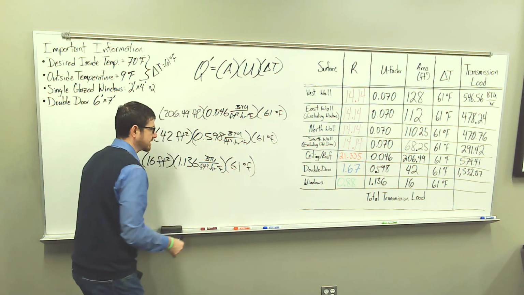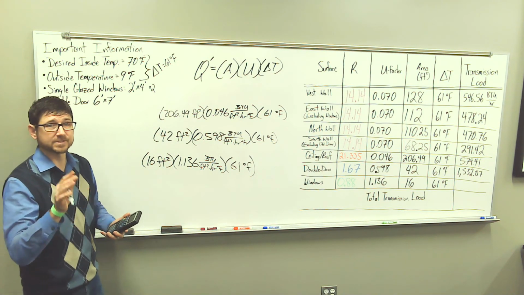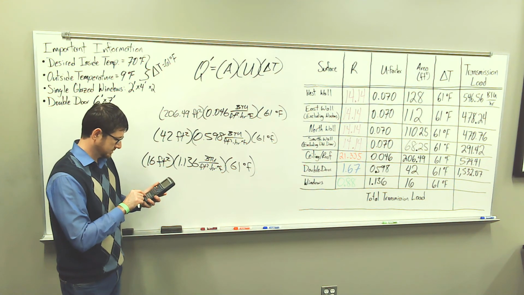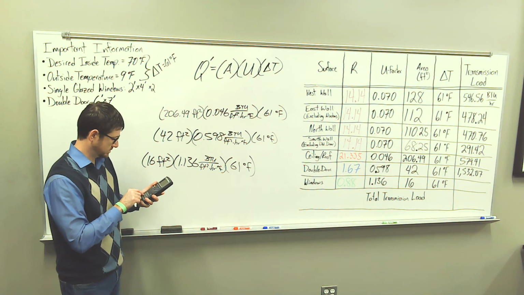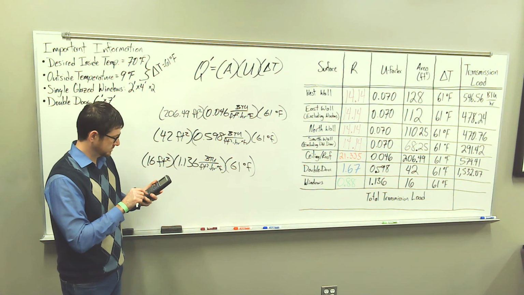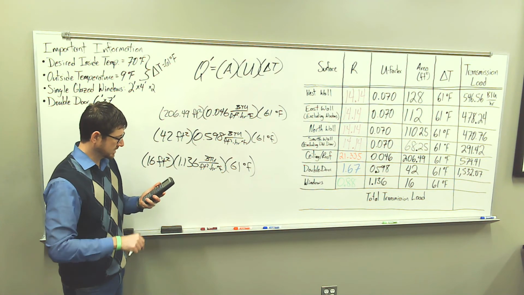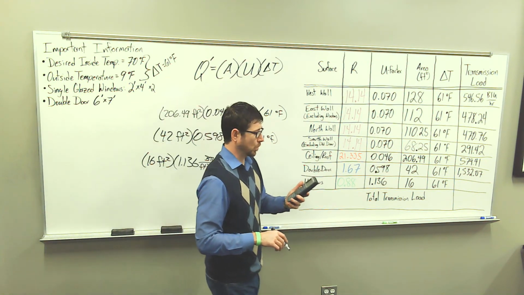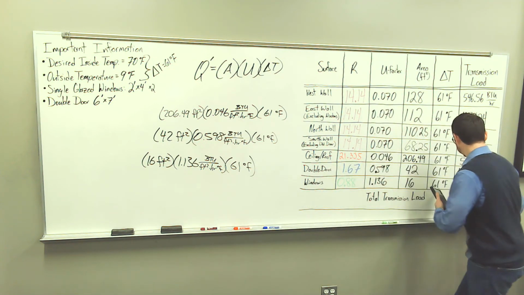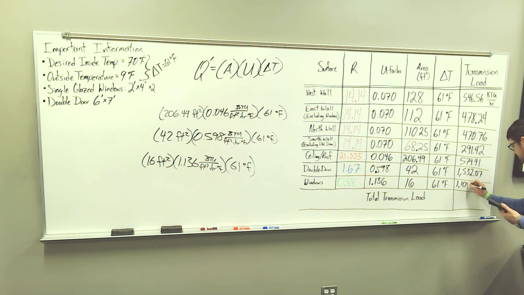And we're going to multiply that by our temperature difference of 61 degrees. And we get 1,108.736. And that is BTUs per hour.